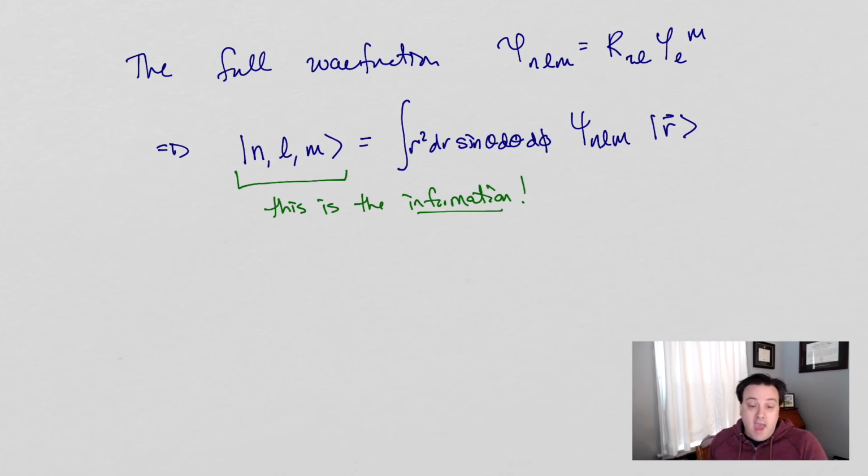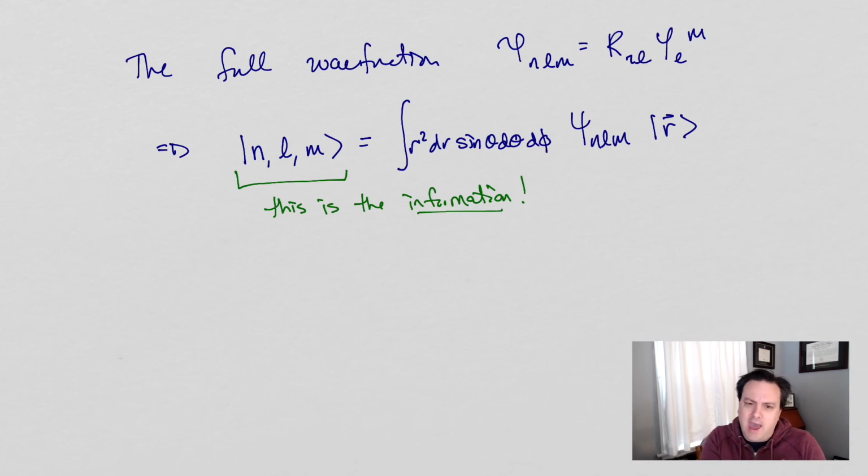So if all of the information of my system is now contained in m, l, and n, after all, those are the numbers that I get from imposing all of my boundary conditions, I can take that wave function, which depends on n, l, and m, and I can try to now just talk about the state.